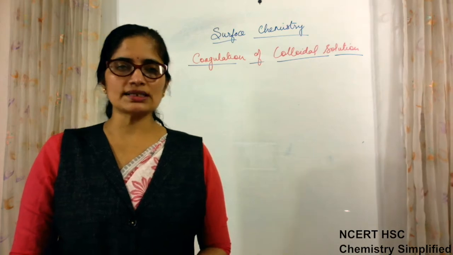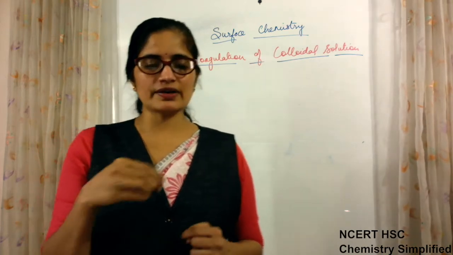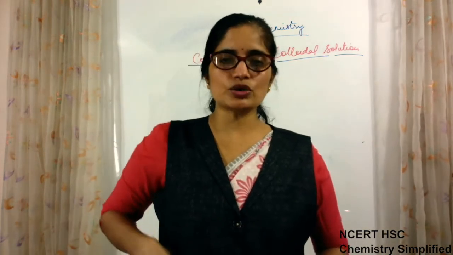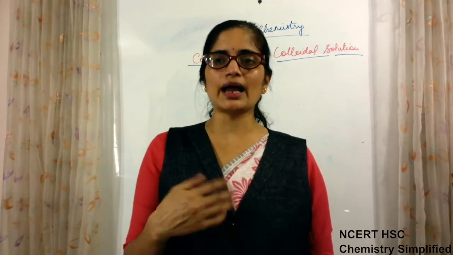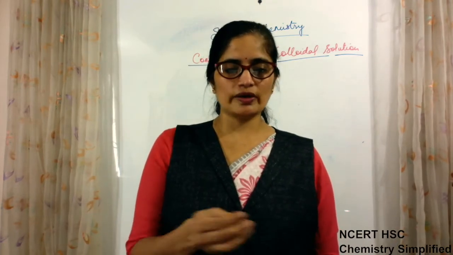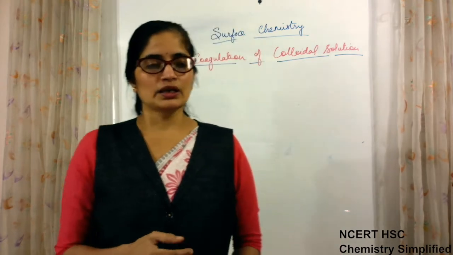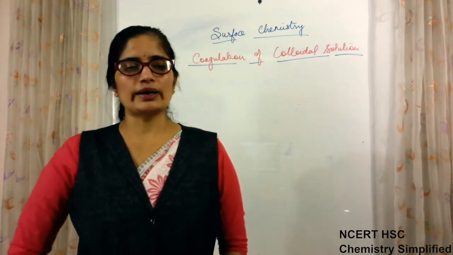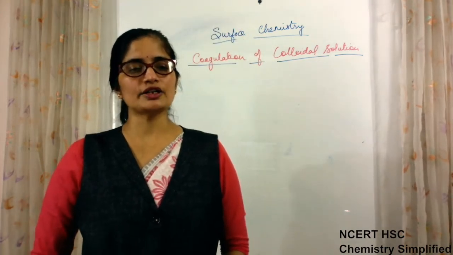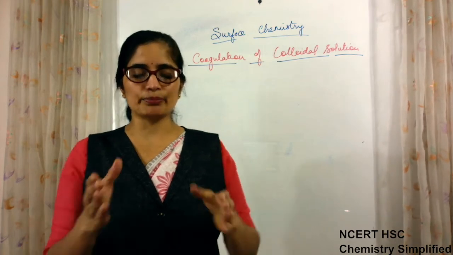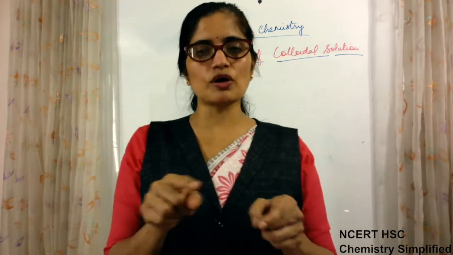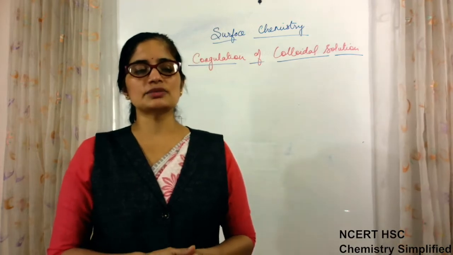So for that what is done? We think that generally by adding electrolyte, what will happen? You will add electrolyte and it will just get coagulated. But in case of lyophilic it is not that easy, because it is properly covered by the molecules of solvent, or you can say dispersion medium.